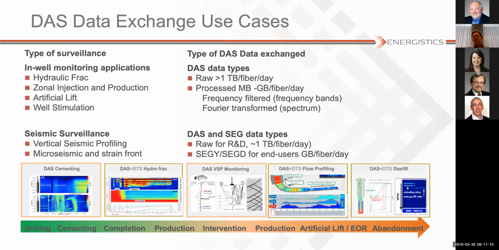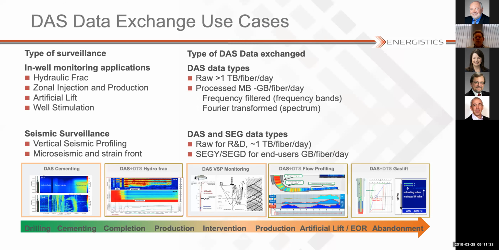Now, why do we need a data exchange standard? The amounts of data that DAS can generate is enormous, at least at the well. So a raw data set, so an interrogator collecting data from a fiber, can be about 1 terabyte or more a day.